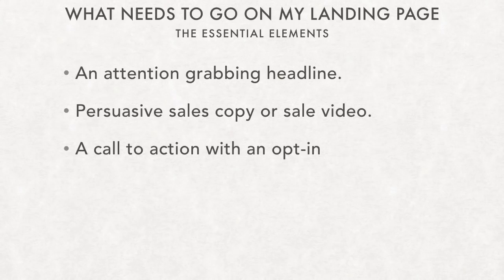Now, what needs to go on a landing page? The landing page needs to pre-sell the offer or gain an opt-in. Therefore, you need 3 key elements: an attention-grabbing headline, persuasive sales copy or sales video, and a call to action with an opt-in.